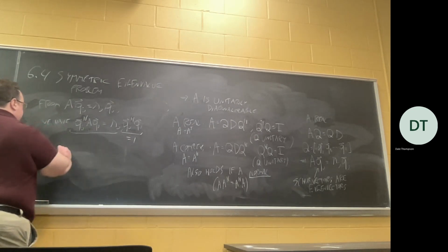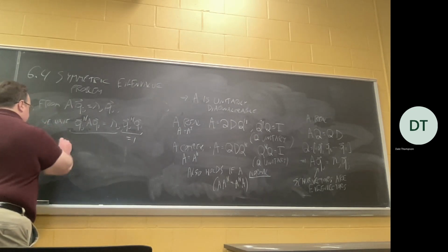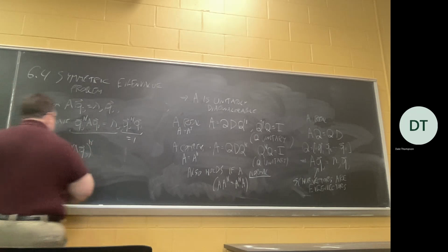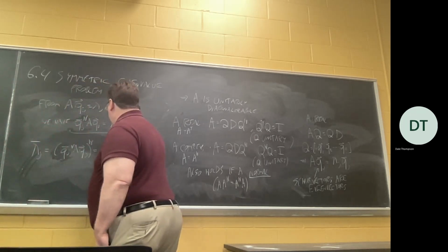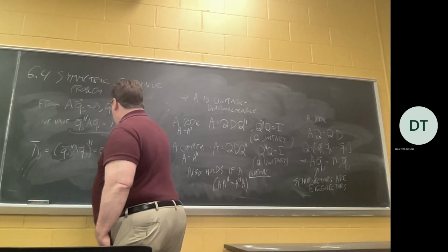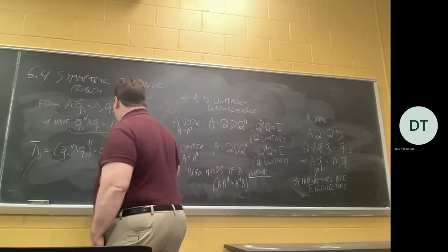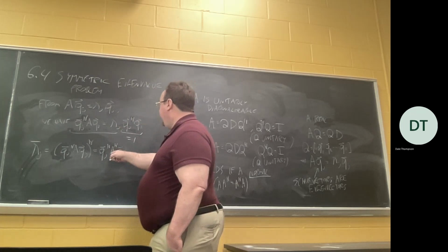So I would have Q_j^H A Q_j, all Hermitian transposed. That's equal to Q_j^H A^H Q_j.